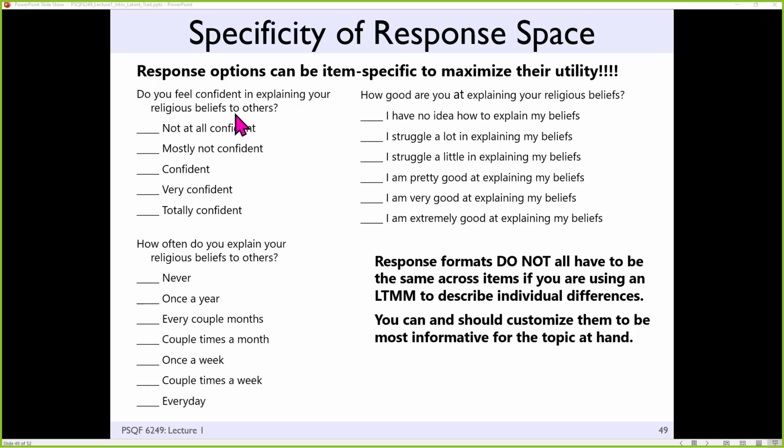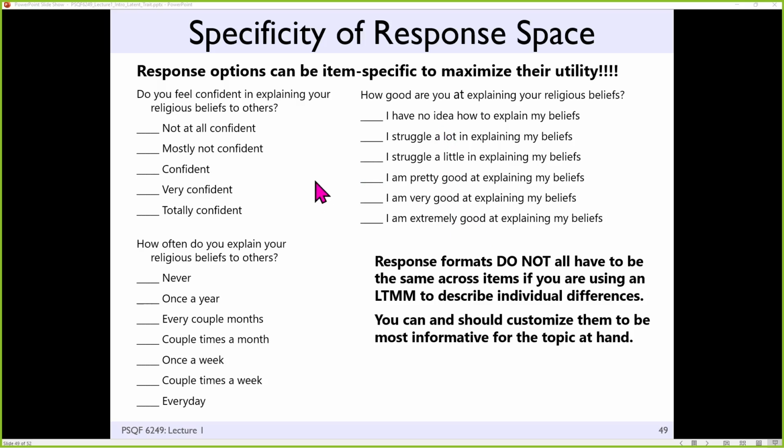Do you feel confident in explaining your beliefs? And then confident is part of all the answers. How often? And then there's a lot of choices here, and these choices are based on what often would mean in the context of this kind of item. And how good are you? And then different ways of saying not good, a little bit good, very good.